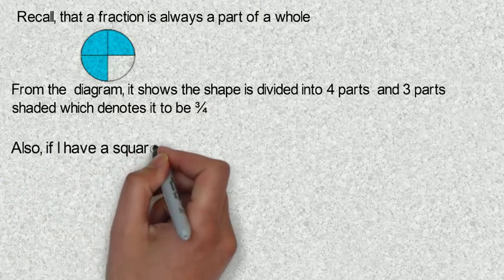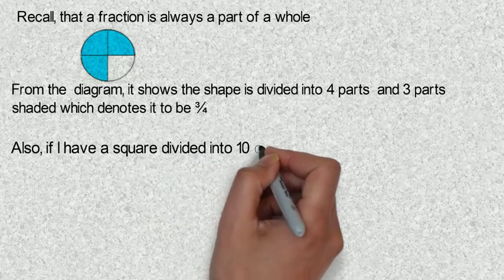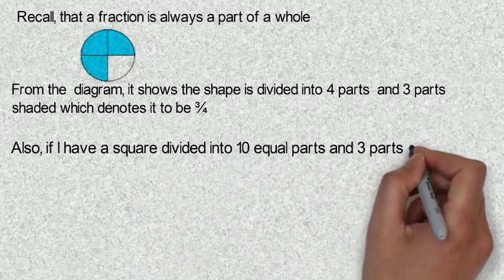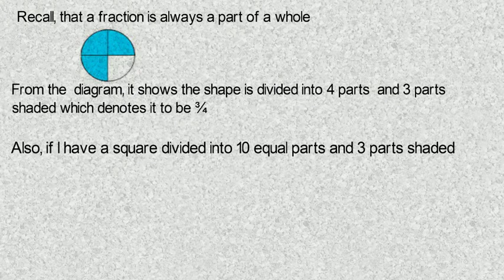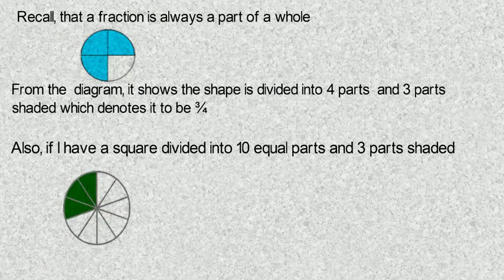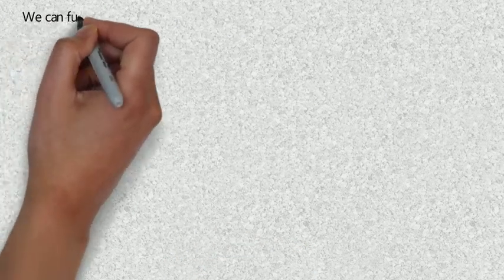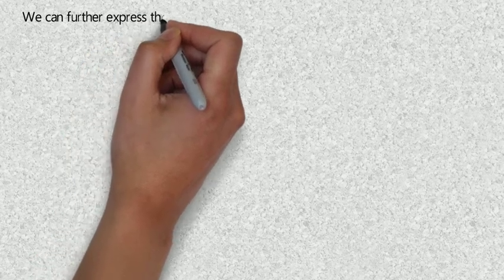Good. Also, if I have a square divided into 10 equal parts and 3 parts shaded, what will that give me? That will give me 3/10. So that is that. So let's move on.